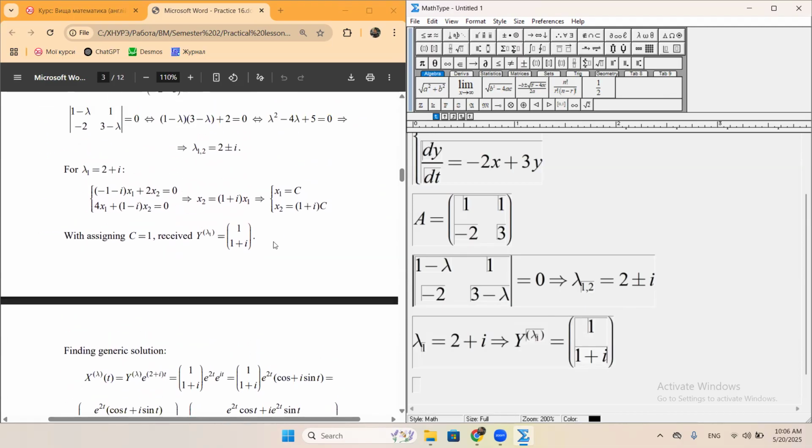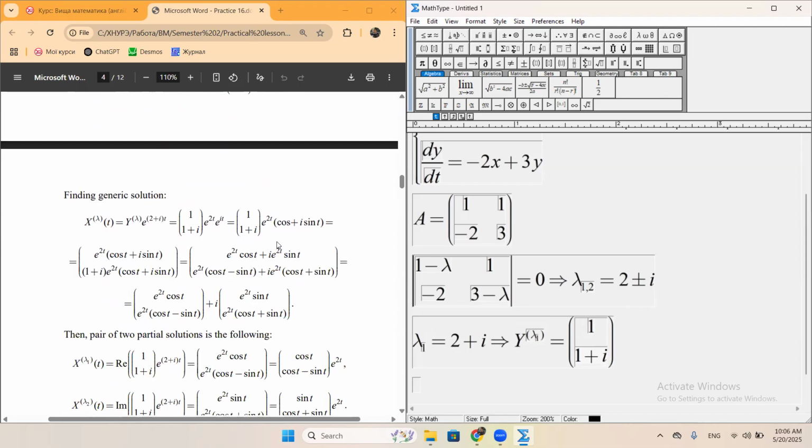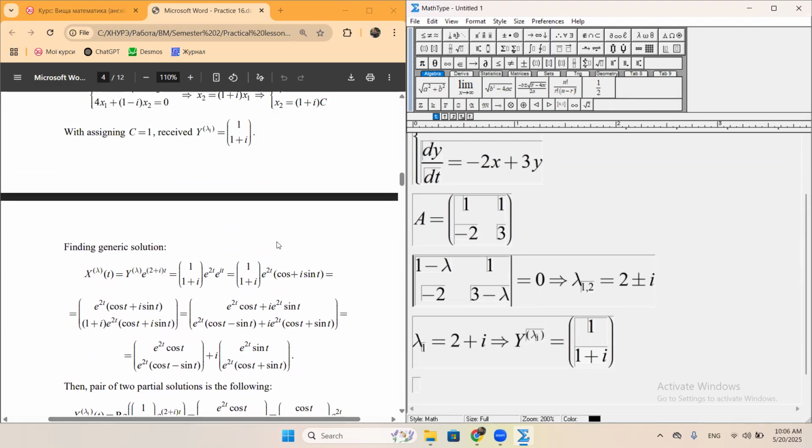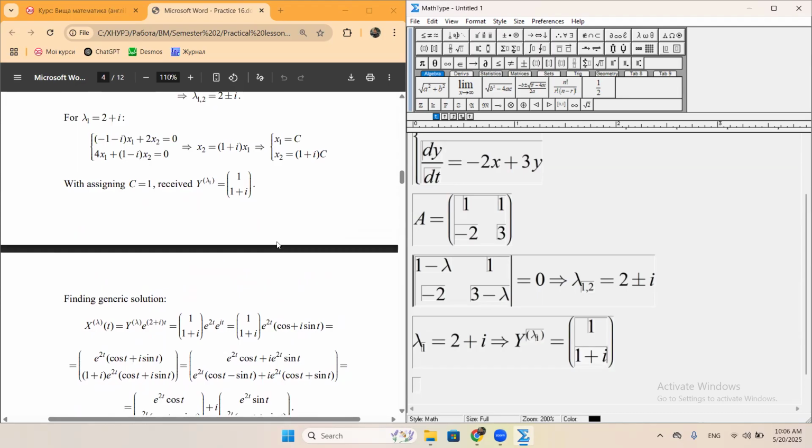Actually, we can write it like this for now. So how will the generic solution be found?